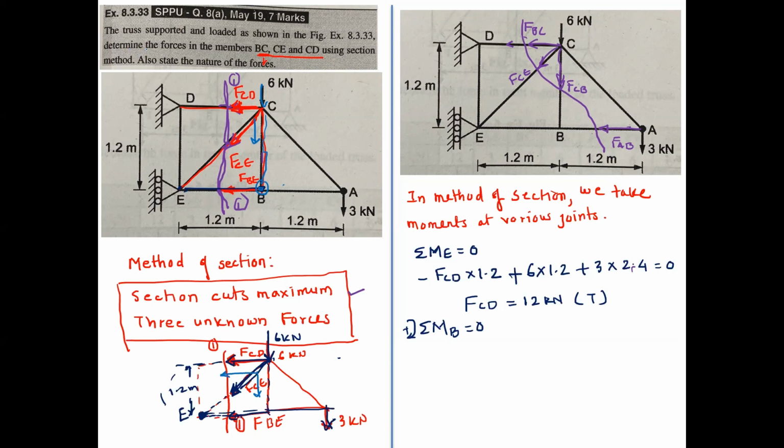Now you have to take the moment of the horizontal force FCD into 1.2, and that is minus, anti-clockwise. Then the horizontal component of the inclined force, minus FCE cos 45 degree, into perpendicular distance 1.2. Clear?